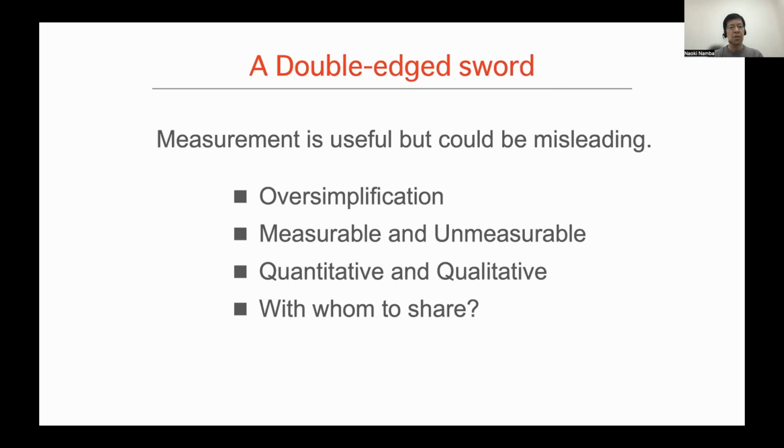Okay, so in my last slides, I'd like to talk about what we should be worried about when we measure our activities. Because I think that measuring is a double-edged sword. As I have shown, measurement can be useful, but it can also be misleading or even harmful if you do it in a wrong way.